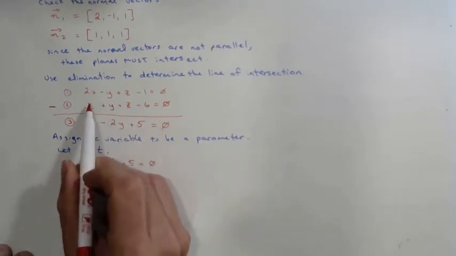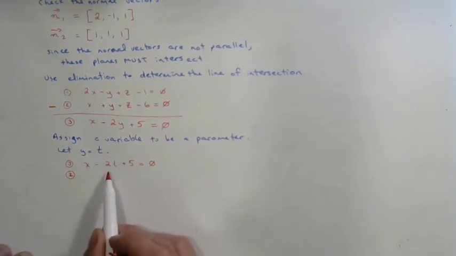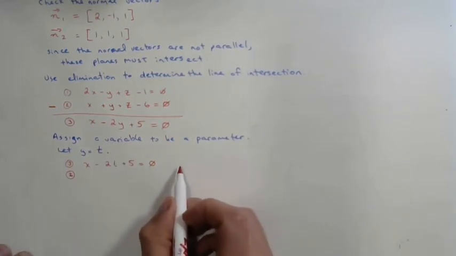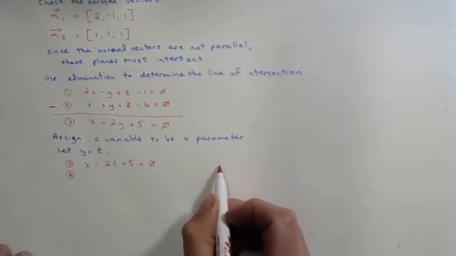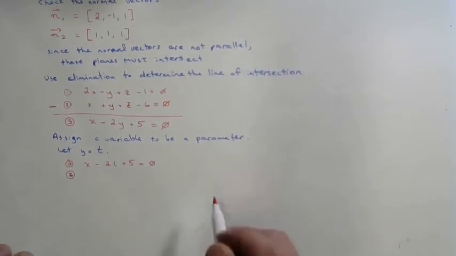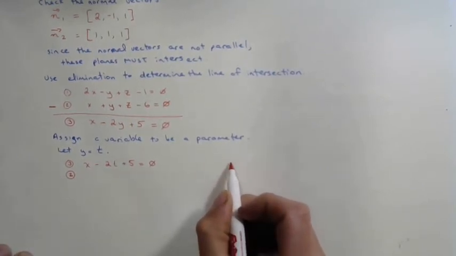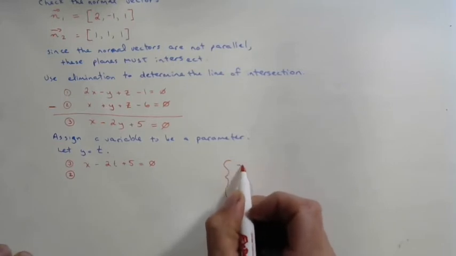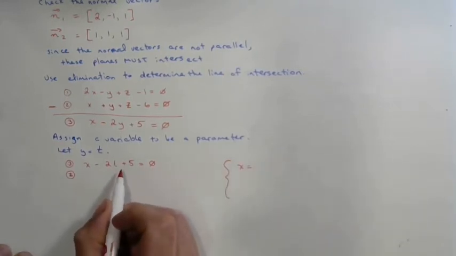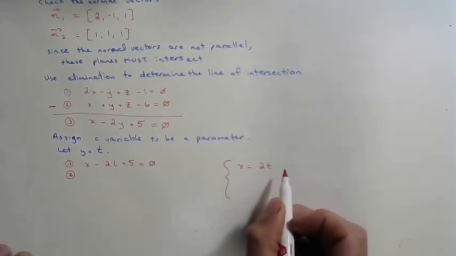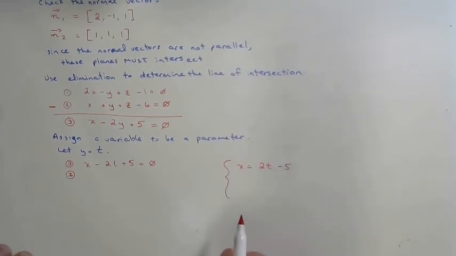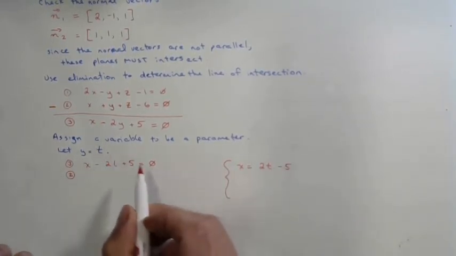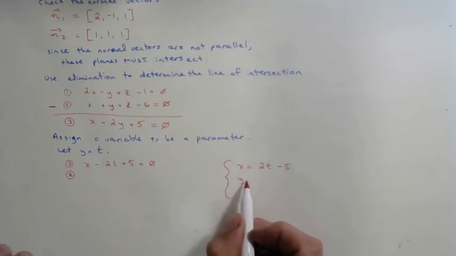Because now I have an expression for x that involves t. Maybe I should just finish that out. Let's just put our final answer over here. We're going to have the intersection. It's going to be the parametric equation, x equals 2t minus 5. And now I also have y equals t.